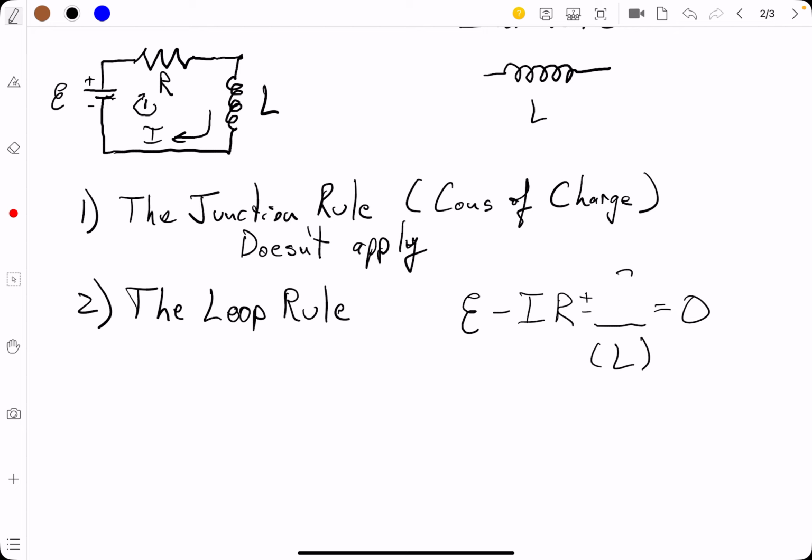Okay, so huge question. So we're going to figure that out, and it looks like loop rule, and I don't want loop rule wrong, I want loop. There. Okay. The loop rule is based on conservation of energy.